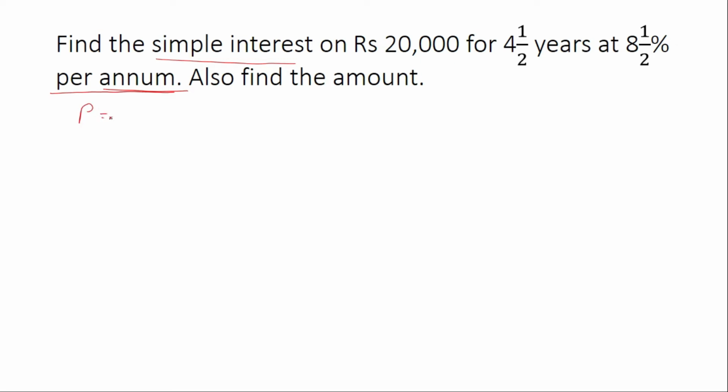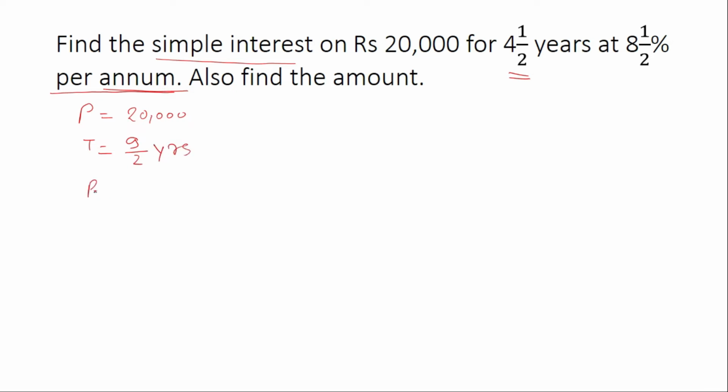Here principal is given, that is 20,000. Time is given, 4.5 years, so it is given as a mixed fraction. You have to convert it into an improper fraction, that means 4 whole 1/2 is 9/2 years. So time will be 9/2 years.